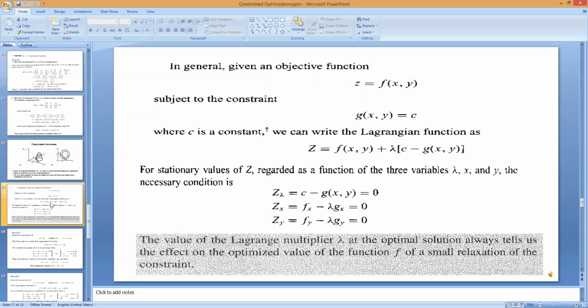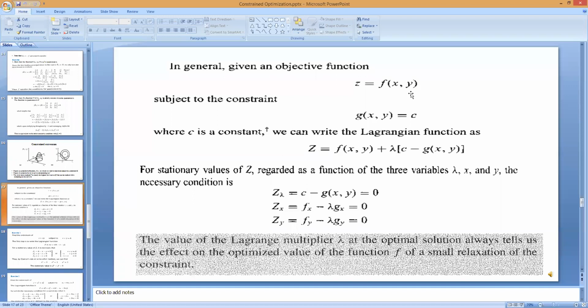Now, mathematically, how will we proceed for a constraint optimum? We will have an objective function. To start with a simple context, we are considering two variables x and y. So the objective function is given by z is equal to f of x, y, and we have a constraint.